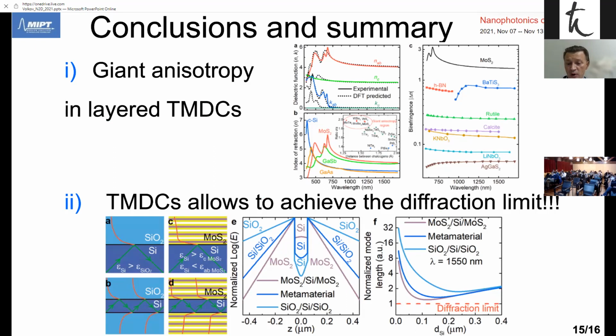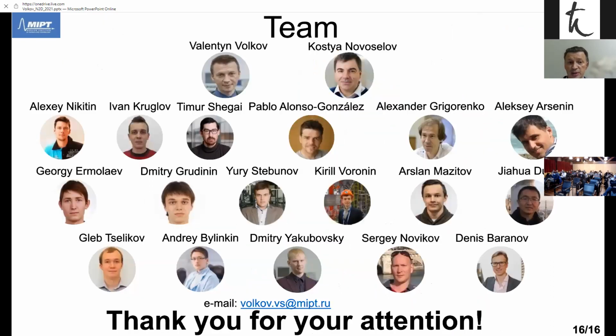I hope now I managed to convince you that this is a really interesting platform for next generation nanophotonics. I would also like to acknowledge the contribution from my team, and thank you very much for your attention.